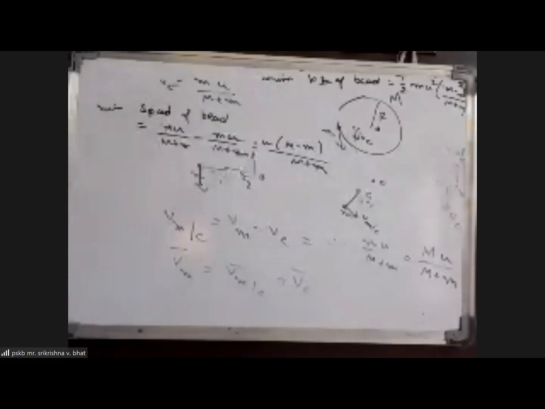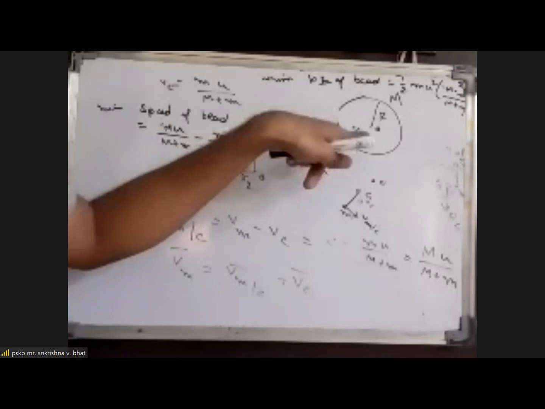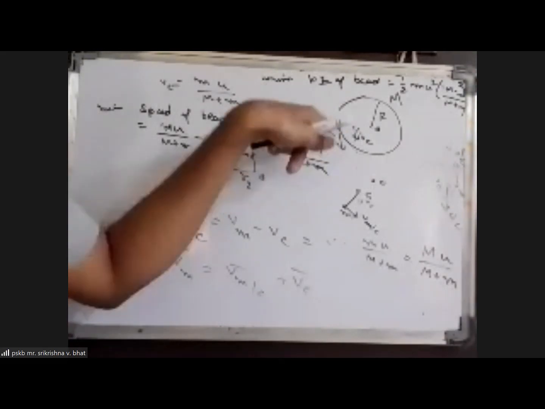That should come out as the minimum kinetic energy. Of course, maximum kinetic energy of the bead will be whatever kinetic energy it has initially, because initially you can see that velocity of center of mass and velocity of bead relative to center of mass are in the same direction.